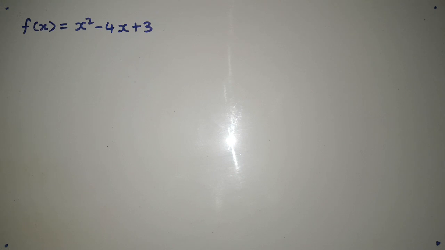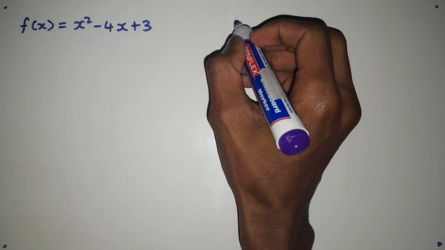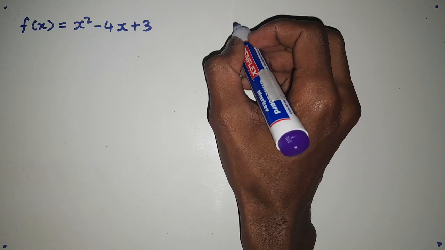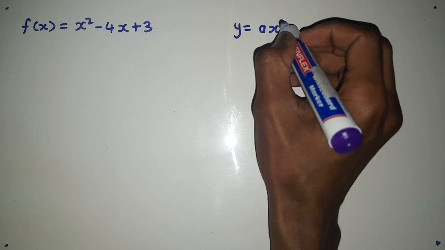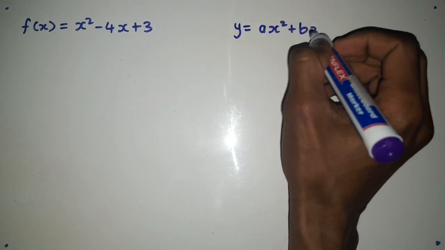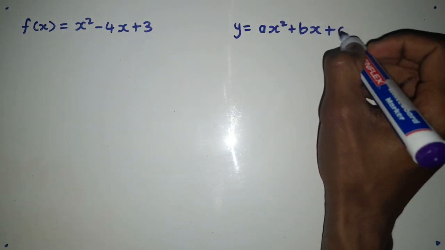Before we start sketching this parabola or quadratic equation graph, you just need to know its general form, that it is given by y equals ax squared plus bx plus c.